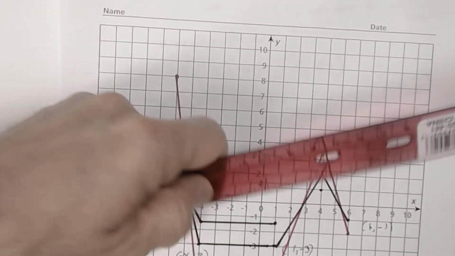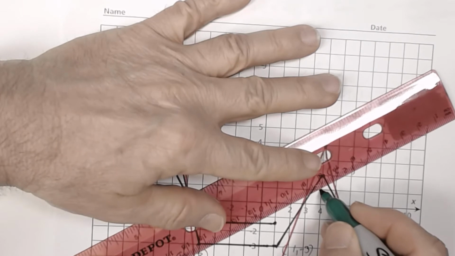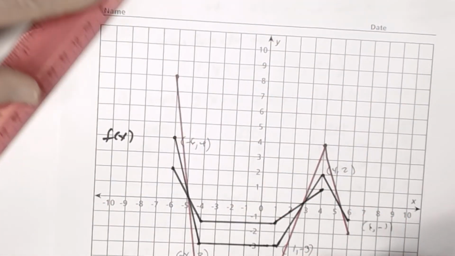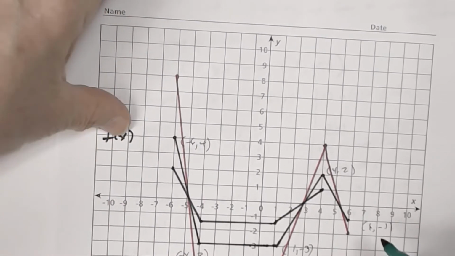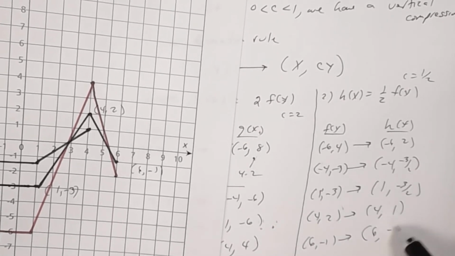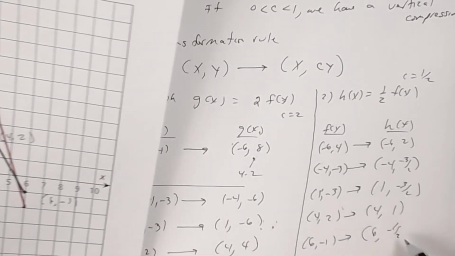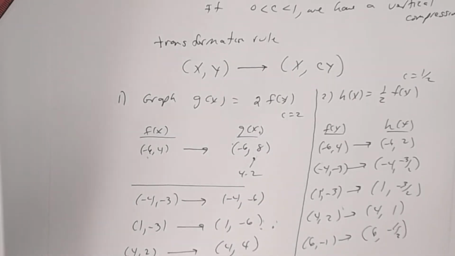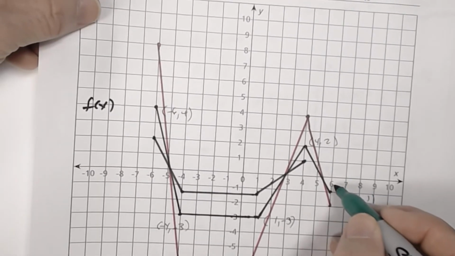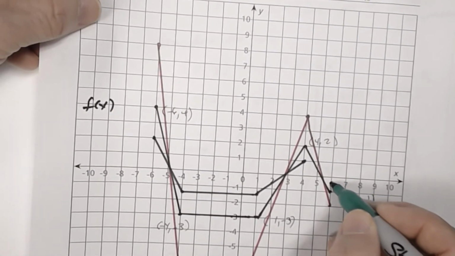So we get this right here. And so it's like this. All right. And then the point 6, negative 1 becomes the point 6 and the negative 1 multiplied by 1/2, so 6, negative 1/2. So 6, negative 1/2 is right here.